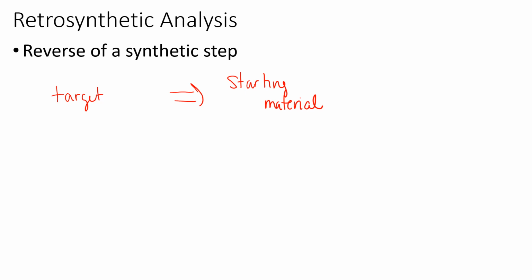This arrow that I have here is our retrosynthetic arrow. It is an open arrow to denote that we're starting with the target, the goal of our synthesis, and working backwards to determine the starting material. So we're looking at the reverse process.